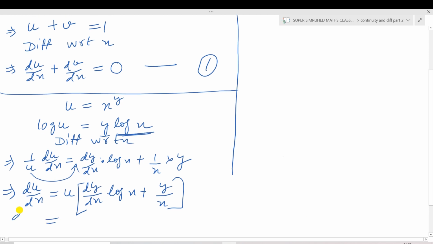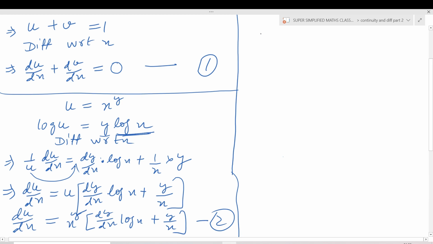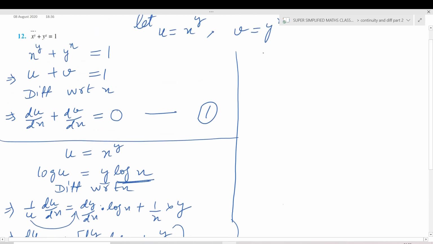So we get du by dx is equal to x raised to the power y into dy by dx log x plus y by x. This is equation number 2 and it is giving you the value of du by dx. Now you can take up v. What was v? v is y raised to the power x. Again taking log both sides, so log v is equal to x log y.